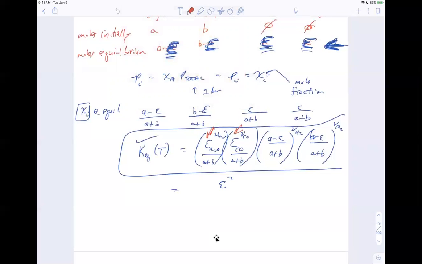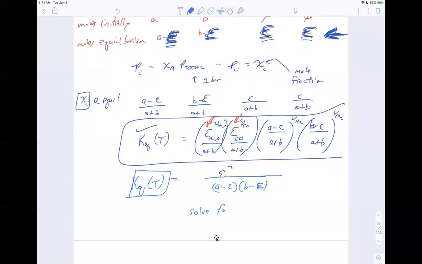And then we're going to have something in the denominator, which is going to be A minus epsilon times B minus epsilon. Okay, that's right. So we have here K equilibrium of T is equal to epsilon squared over A minus epsilon times B minus epsilon. This is known, and we want to solve for epsilon. This turns out to be a quadratic equation.